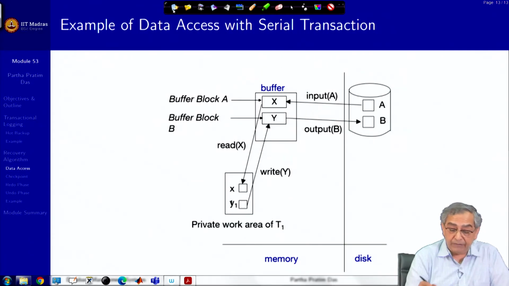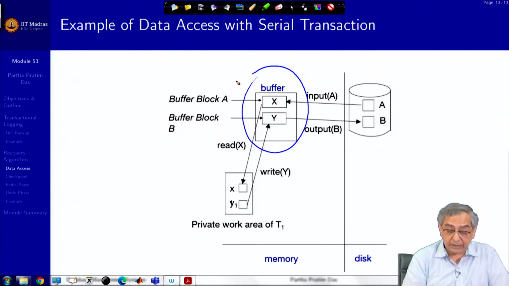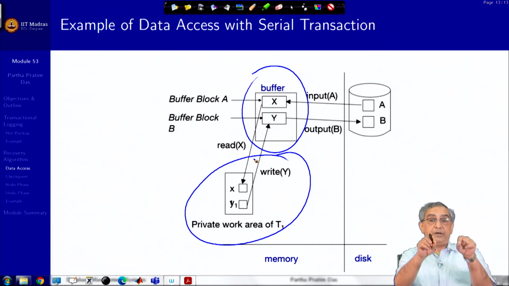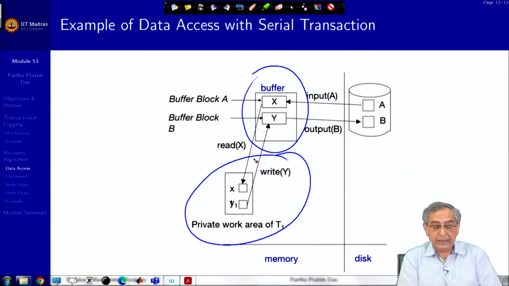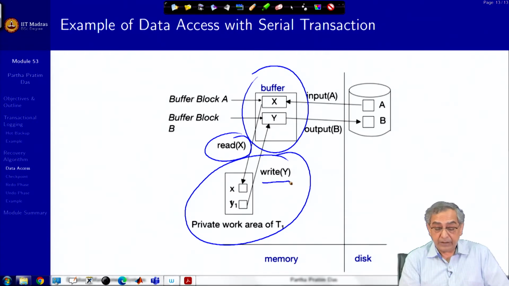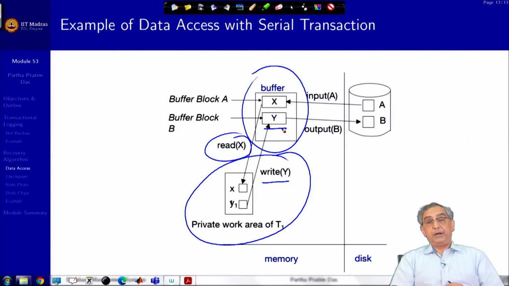And given this buffer, a transaction, say T1, actually does not directly operate on the buffer, but it has its own private buffer where it is making the changes. It reads from the buffer for the first time if it needs to, that is read x, and when a value is ready, it will write to this buffer.